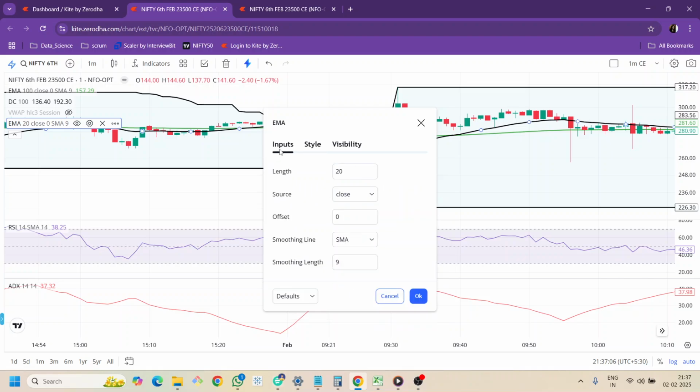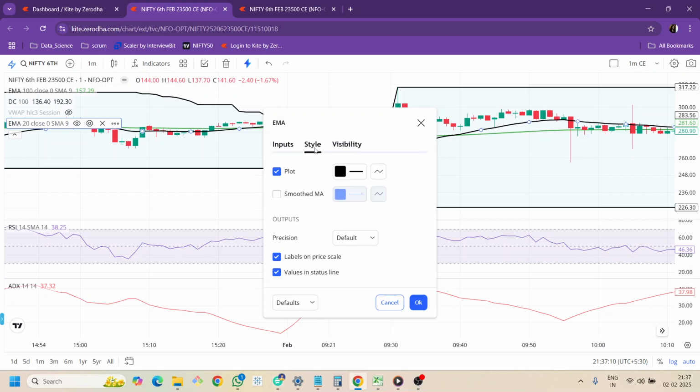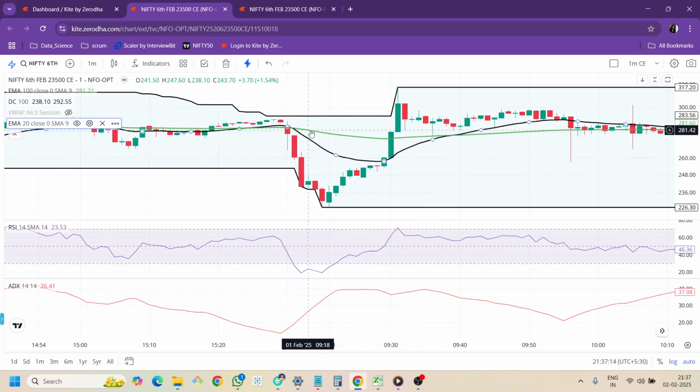So what change did I make? From 100, I removed that and put 20 as length and gave the style as black. Done. So we have two indicators: one is green, which is 100, and black, which is 20.